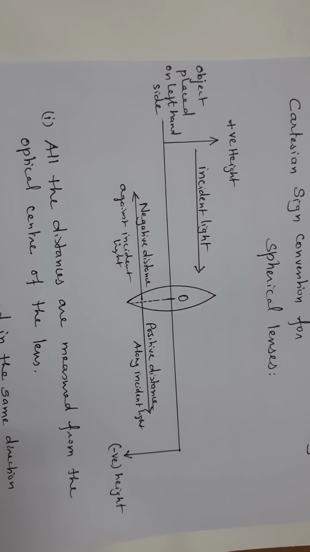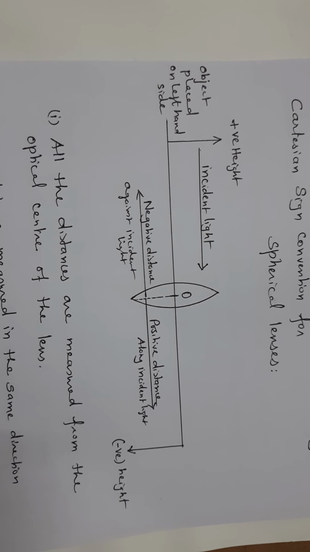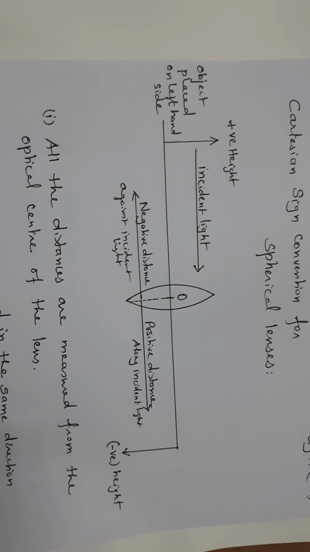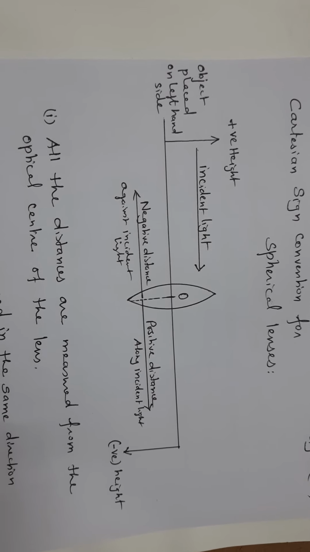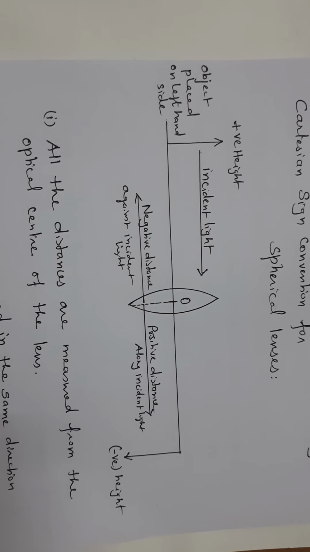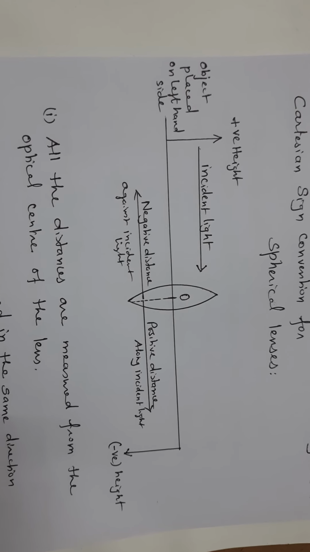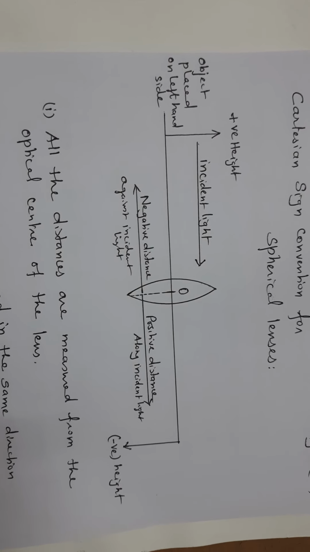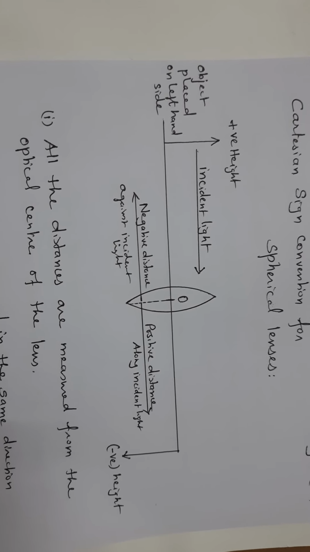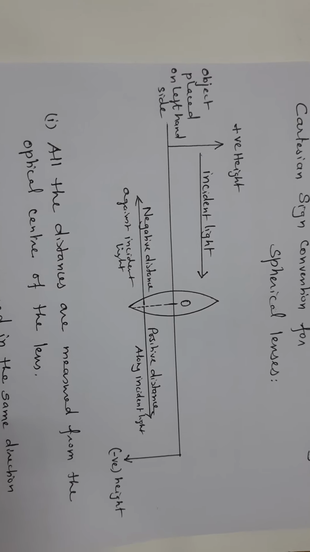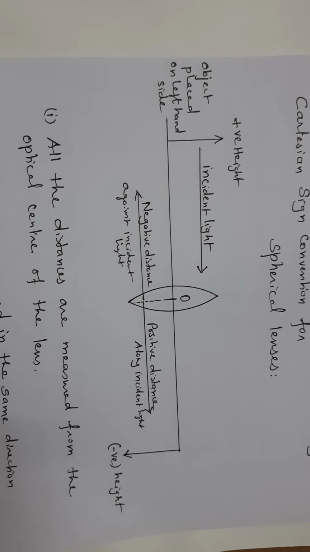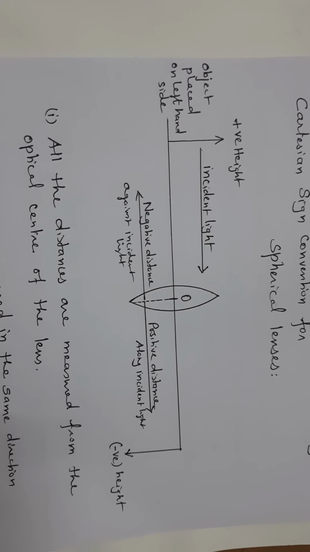There is a convex lens placed in the center, that is O. Whatever distances are measured in the direction of incident ray from O, they are taken as positive. Whatever distances are taken against the direction of incident ray, they are taken as negative. Whatever height of the object is found above the x-axis, that is the positive y-axis, is considered positive. Whatever heights are taken below, they are taken as negative.